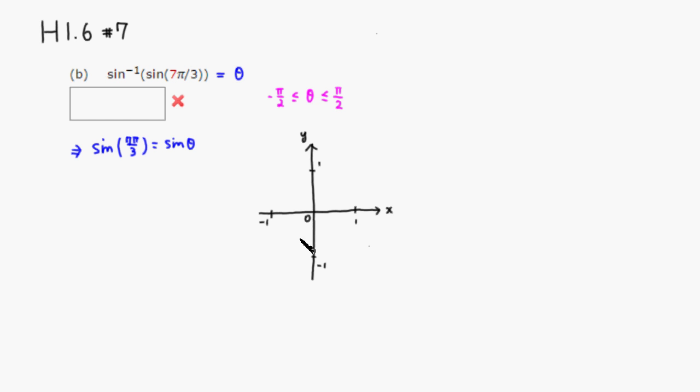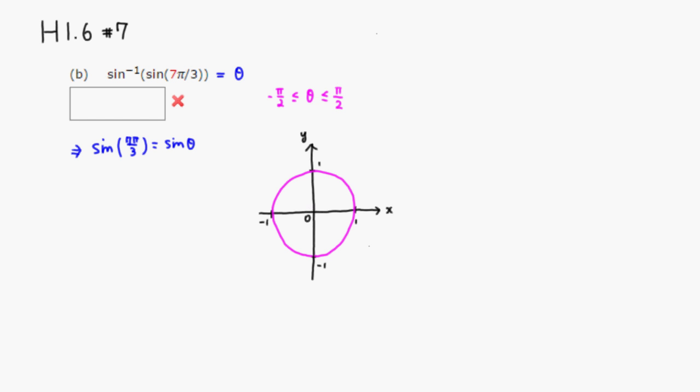Then we're going to draw a unit circle here. We know that a point on the unit circle can be represented by cosine of theta comma sine of theta. So the y coordinate of the point on the unit circle is going to be the sine value.